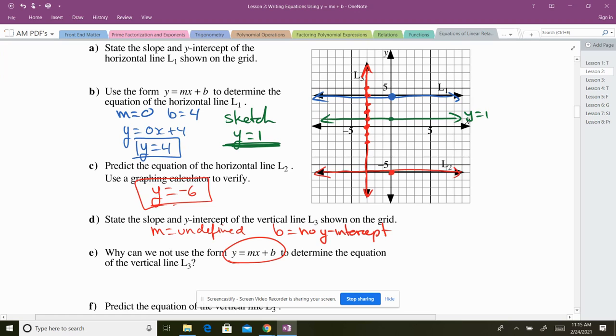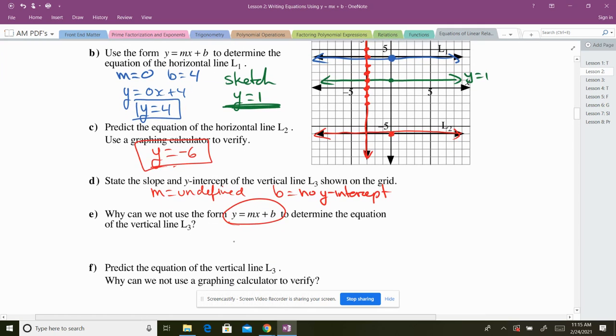Every x value is -3. Every single one. The y values change because it's going up and down, but the x values are always -3. So to represent that line, we just go x equals -3.